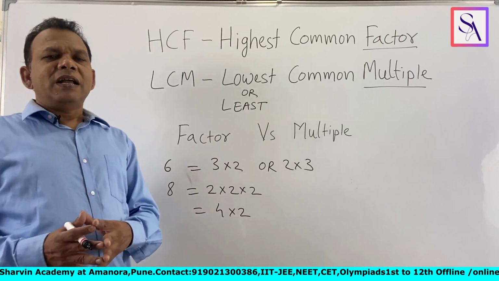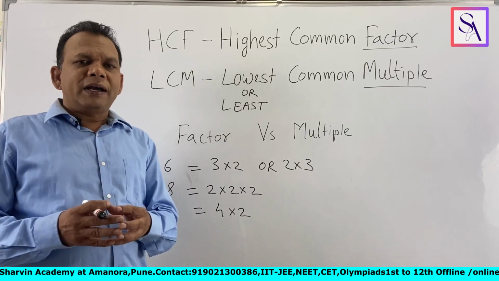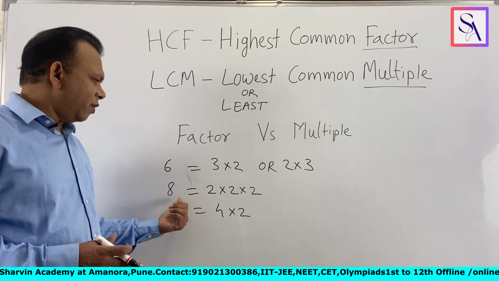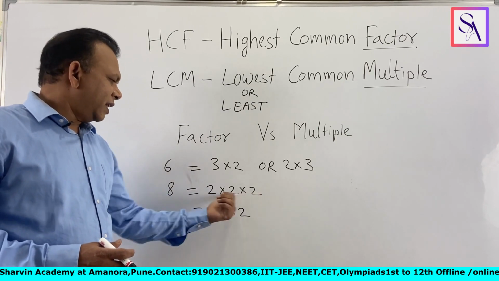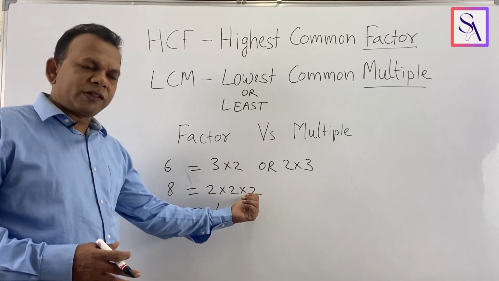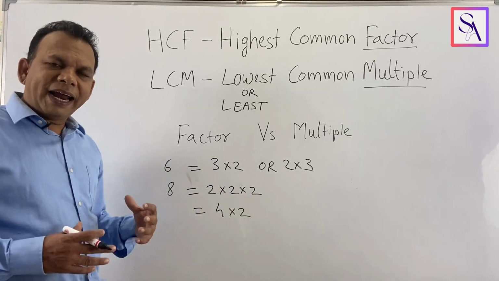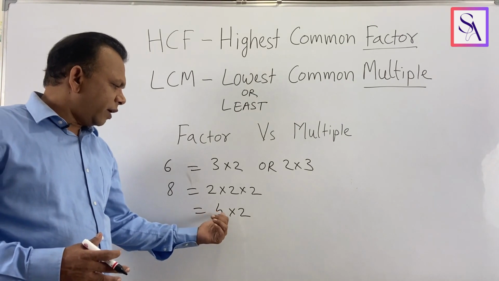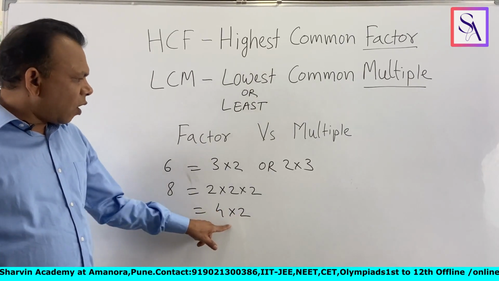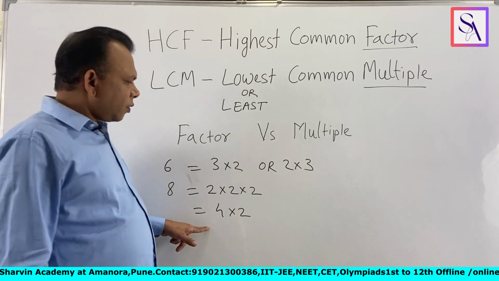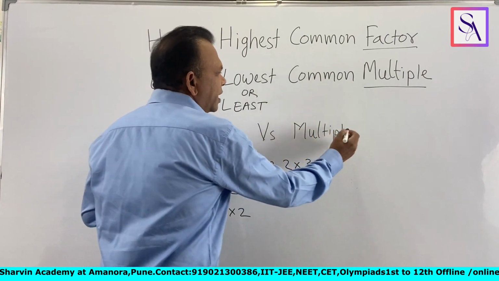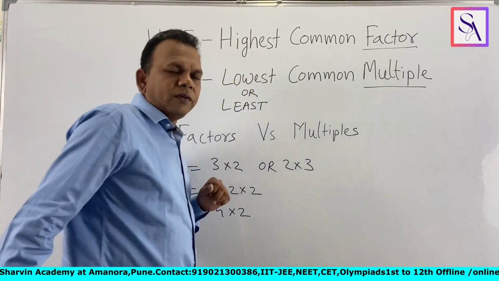Factors mean the small parts from which that number is made, right? 8 is made from these three 2's. After multiplying these 3 twos with each other, 8 comes, or 8 is made of 4 into 2, the multiplication of 4 and 2, right? So these are called factors. So you understood what factors and multiples are, right?